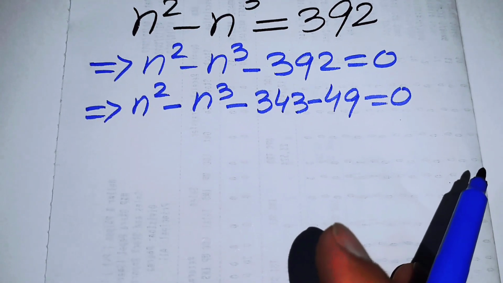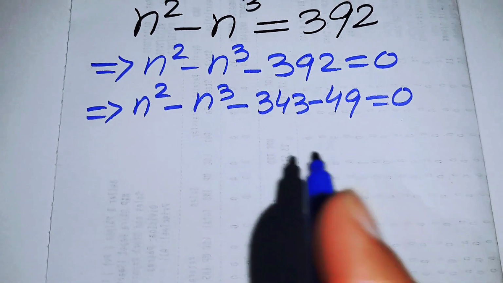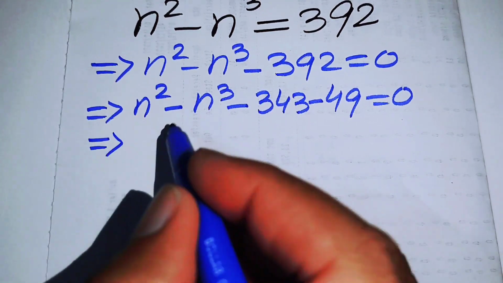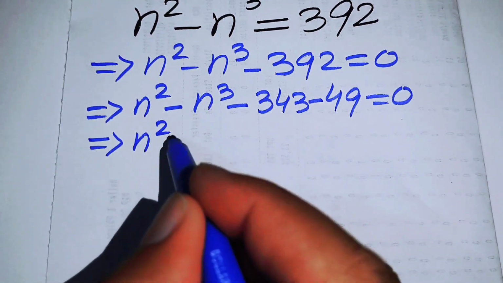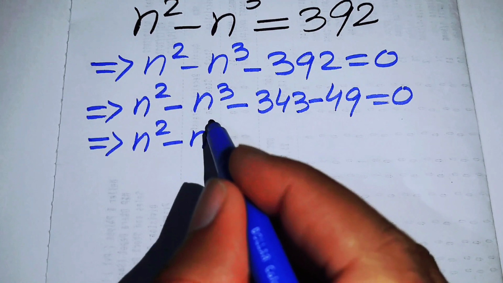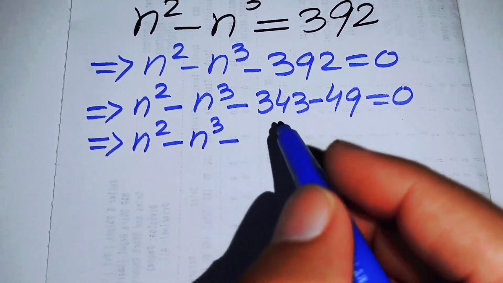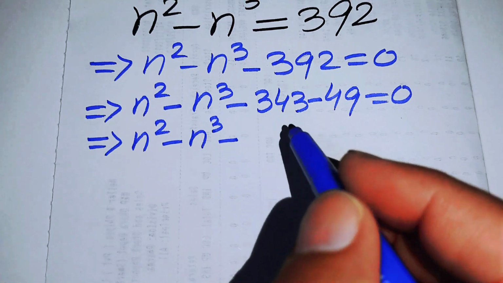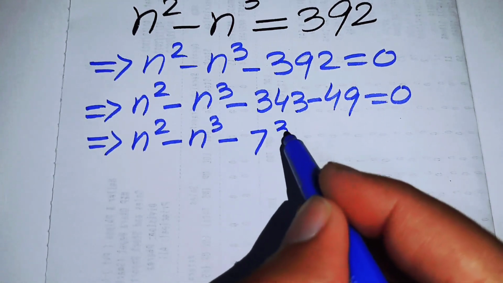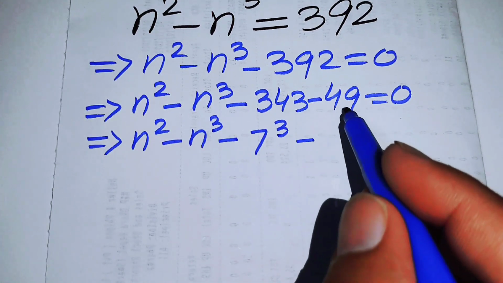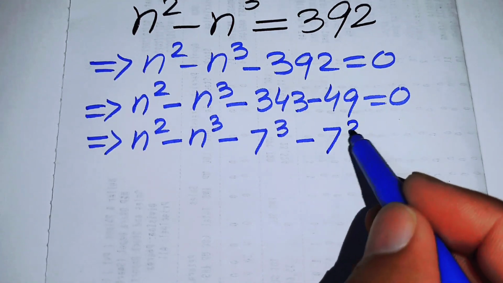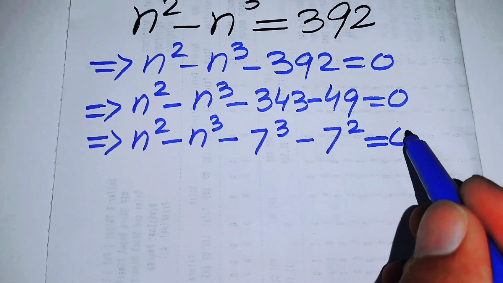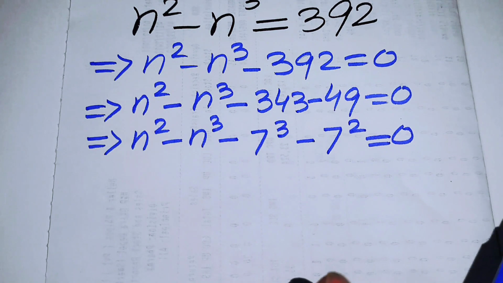And after this step I can rearrange the terms, so that first I can rewrite this equation as n squared minus n cubed minus, here you have 343, and we will write this as 7 cubed, minus, here you have 49, and we can write it as 7 squared, and this whole term is equal to 0.